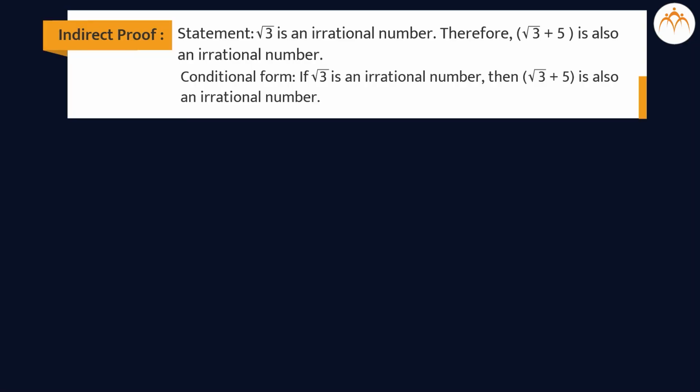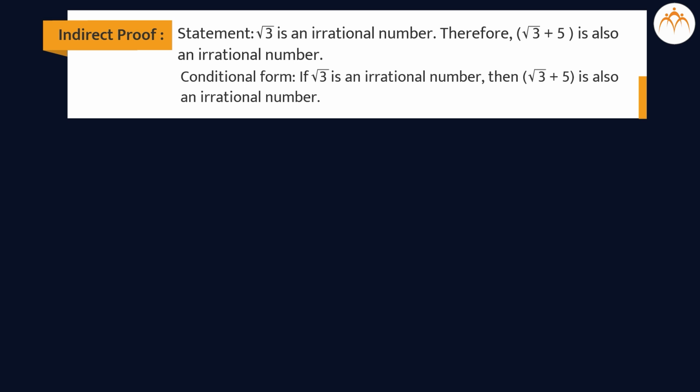Statement: square root 3 is an irrational number. Therefore, square root 3 plus 5 is also an irrational number, right? In conditional form, if square root 3 is an irrational number, then square root 3 plus 5 is also an irrational number.